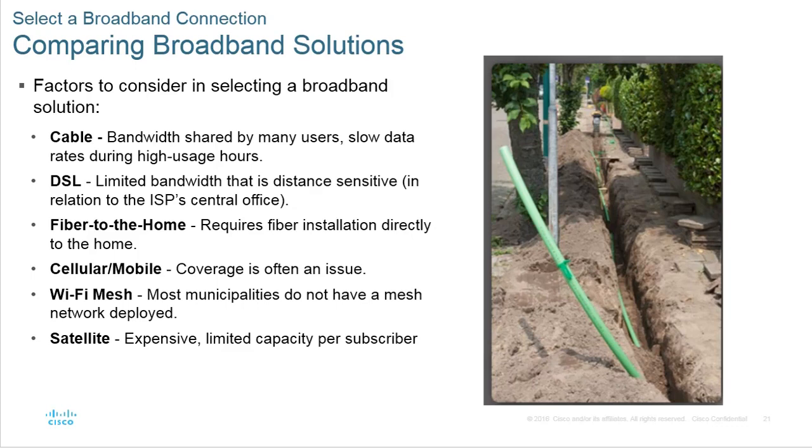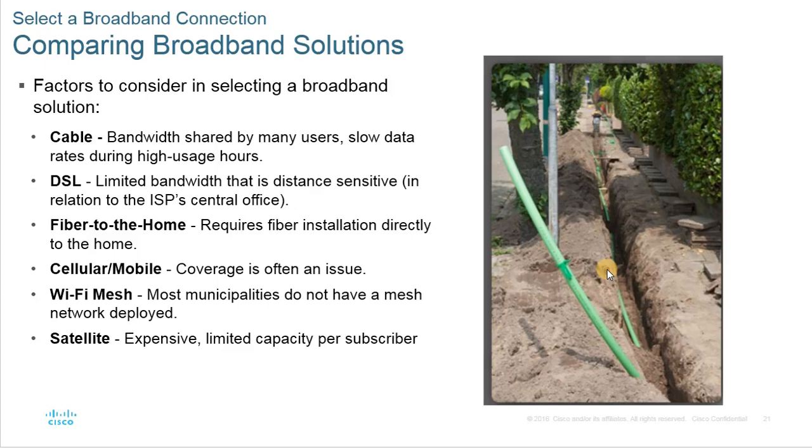Then we have the fiber to the home, which requires fiber installation directly to the home. As you can see in the image, this is an example of a fiber installation. Then the cell site or cellular mobile type connection, where coverage is often an issue, especially in some remote areas or provinces. Then we have the Wi-Fi mesh. Most municipalities do not have a mesh network deployed.